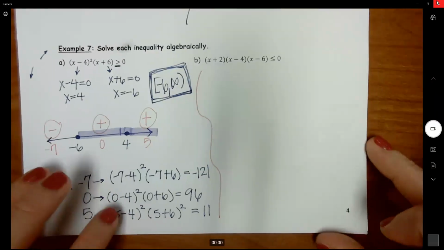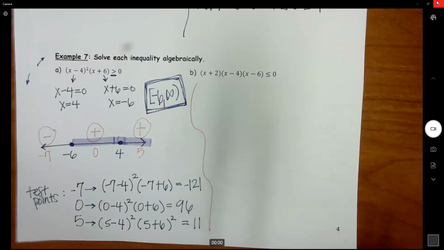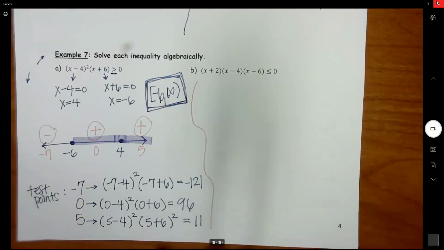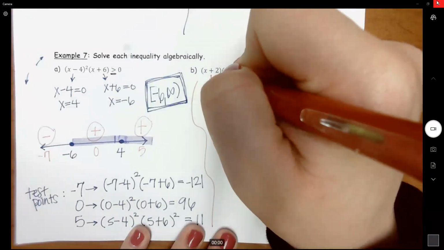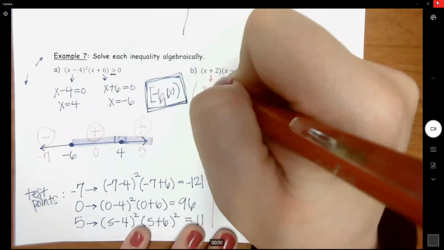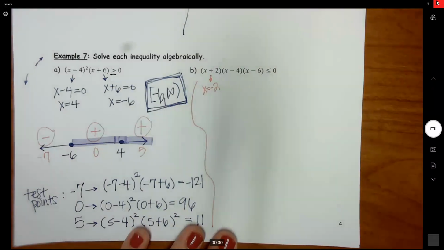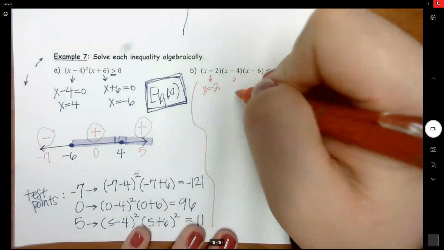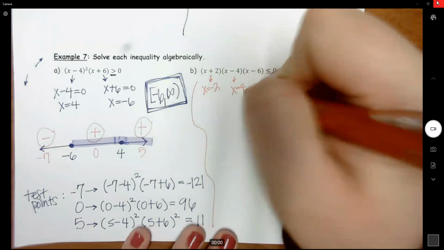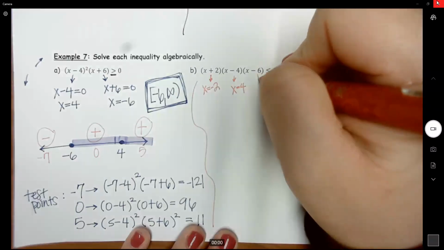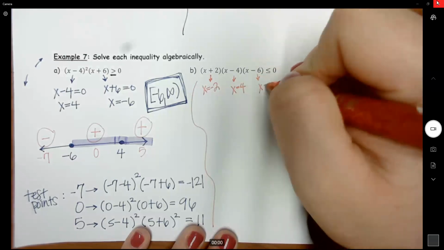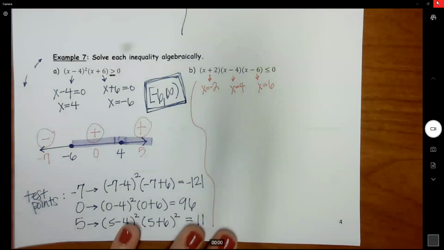Okay, let's do it again here on B. On B, here we have x is going to equal -2. Here we're going to get x equals 4. And here we're going to get that x equals 6.